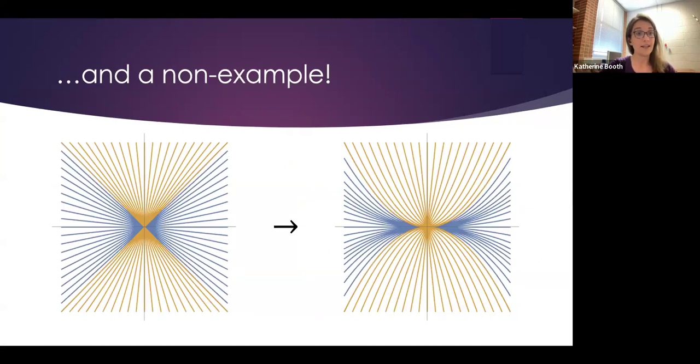Now this is a fun non-example. This is a little more complicated formula, which is why I don't have it here. But what it does is it squishes your lines close to the x-axis. You can see those blue ones getting squished, and it spreads out the orange ones a little bit. Now this map does take every C1 curve to a C1 curve, but it is not an element of Homeo_1. And one of the main reasons for that is it's not invertible.